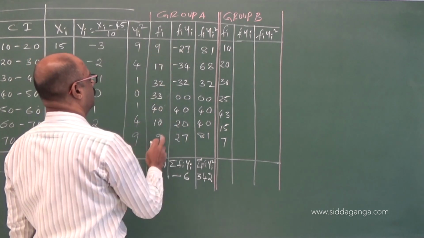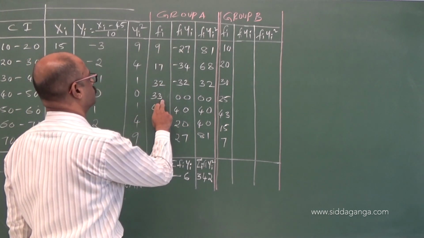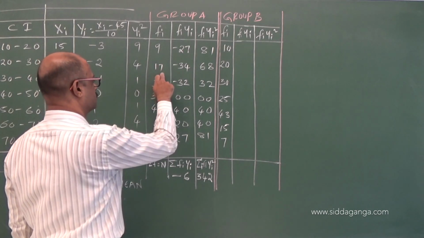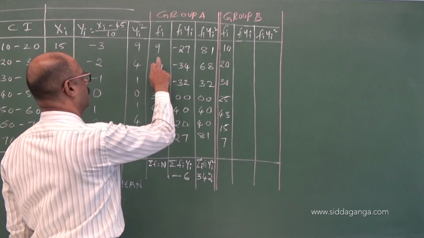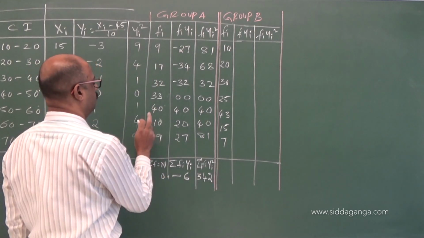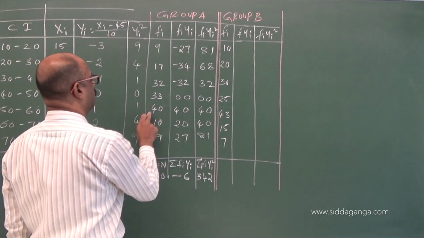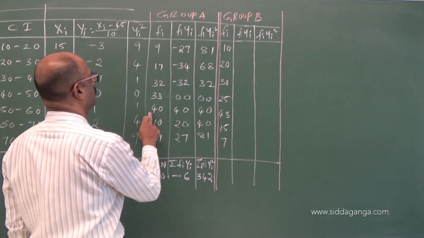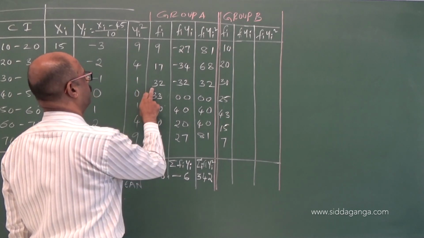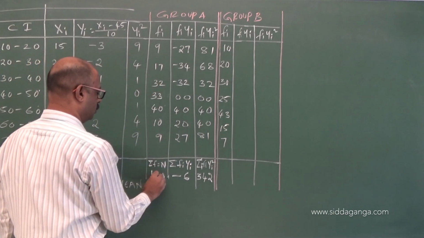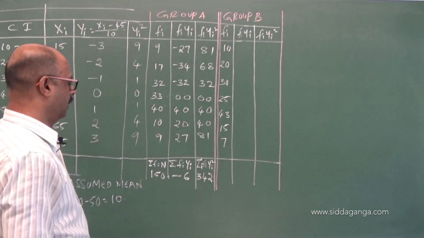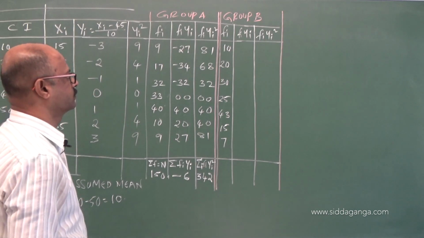This is 9 plus 3, you will get 12. 12 plus 2, you will get 14. 14 plus 7, you will get 21. 21 plus 9, you will get 30. 30 means 0, 3, 4, 8. 8 plus 3, 11. 11 plus 3, 14 plus 1, 15. So you will get 150. Capital N is 150 for group A frequencies.